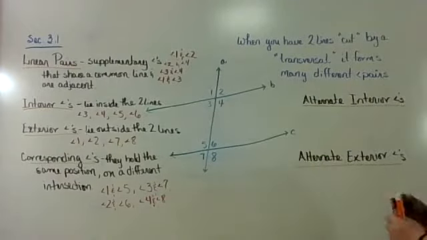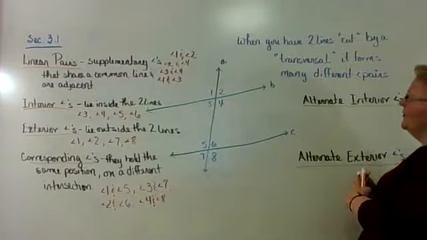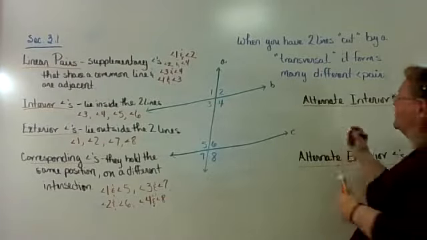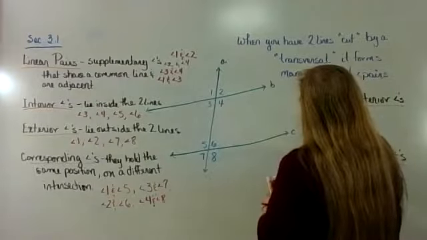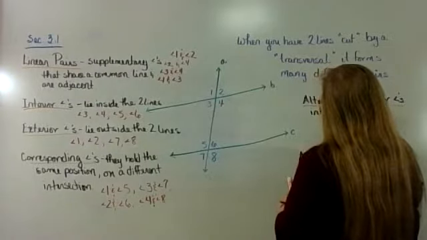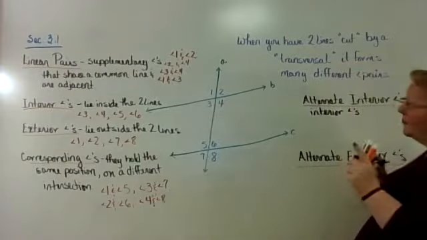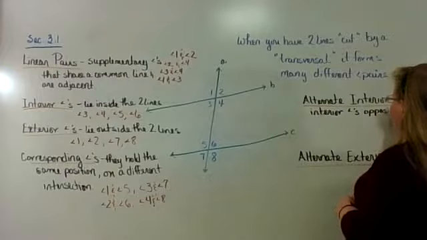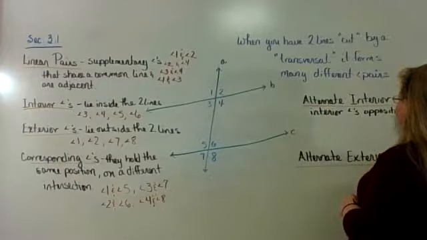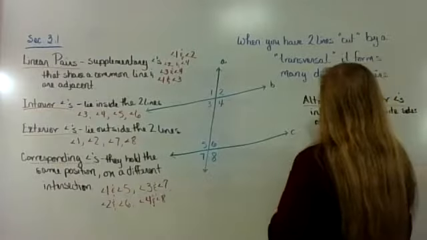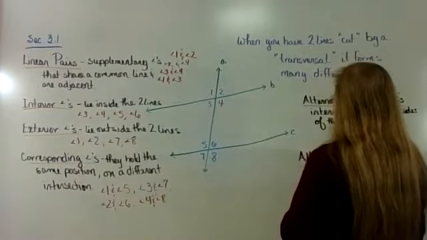So for alternate interior angles, they not only have to fall inside the two lines, because that's what makes them interior, so I'm just going to write that they're interior angles, but they are on opposite sides of the transversal.